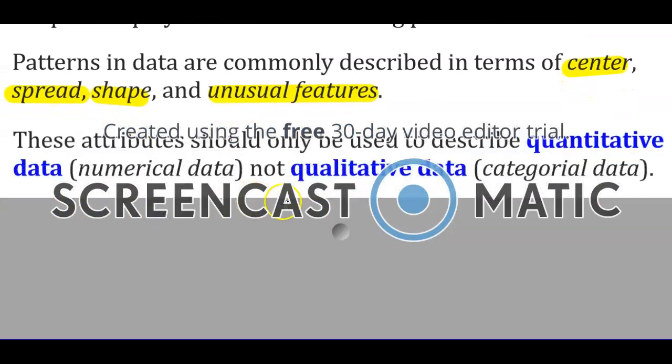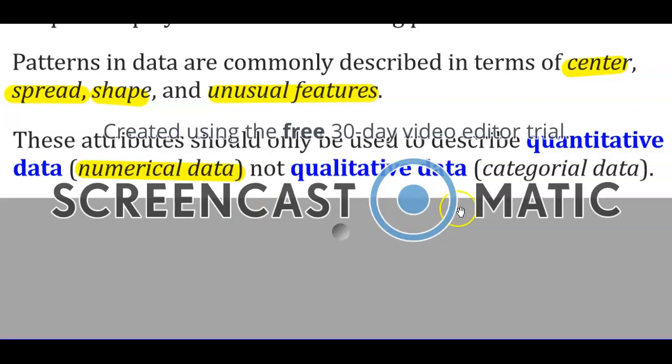Now, these attributes are used to describe what are called quantitative data, otherwise known as numerical data, okay? Not categorical data. Categorical would mean some sort of grouping, not based off of numbers.